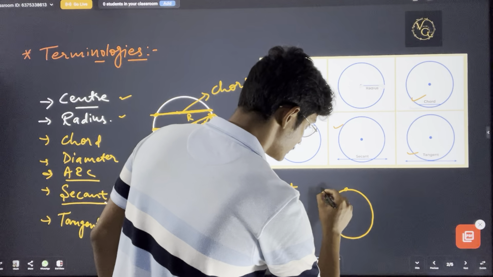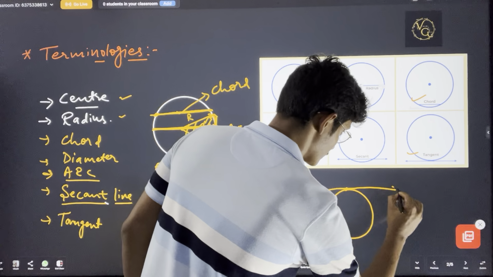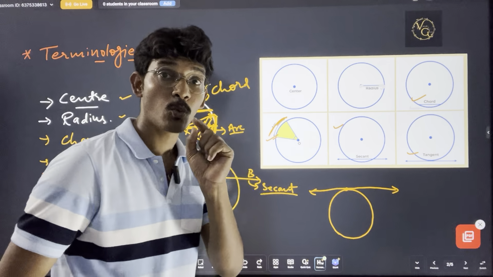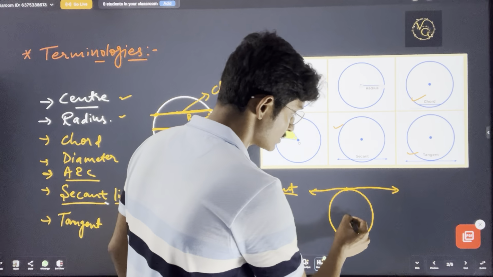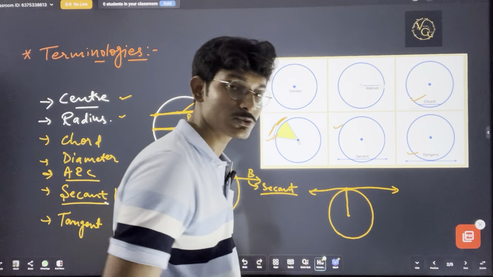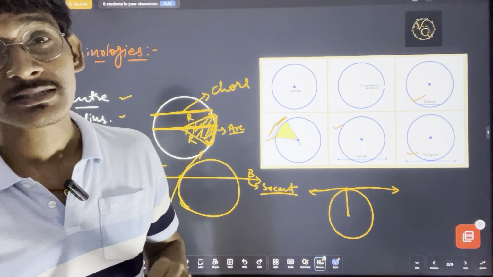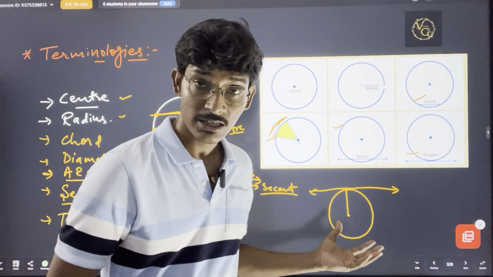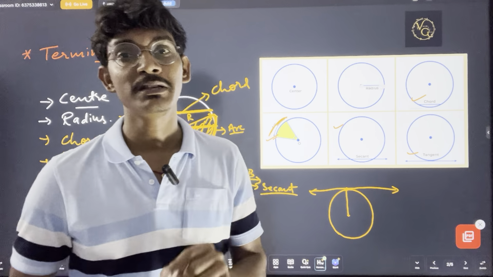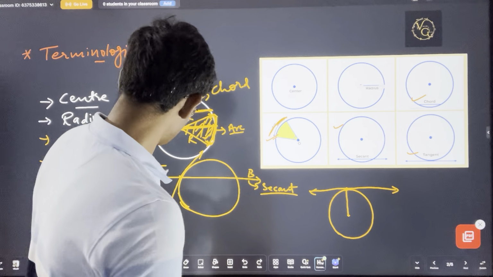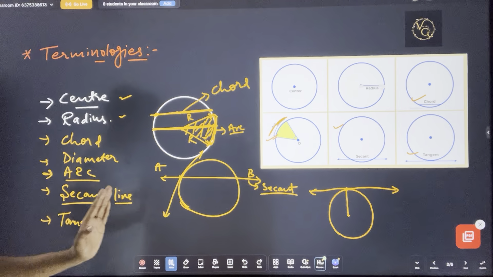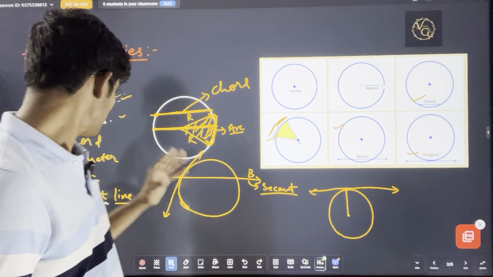The tangent will be like this, just touching at only 1 point. That's the definition of a tangent. If you want a proper definition, a tangent is a line which meets the circle at 1 point. So I hope the terminologies are clear to you.